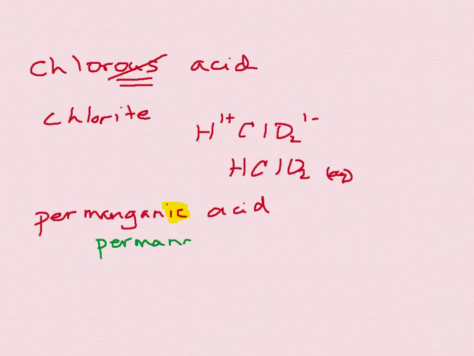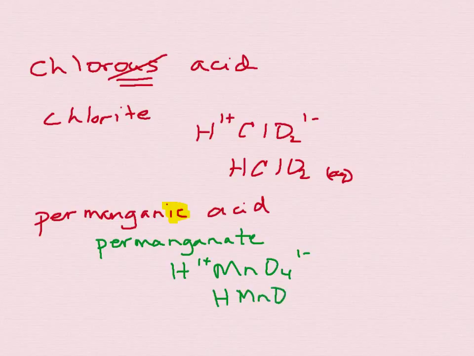If you don't know it or recognize it, go to your green table, your polyatomic ion sheet, and sure enough, there is an ion there called permanganate, and that's MnO4 with a 1- charge. Therefore, to make an acid, you have a 1+ charge. To balance the 1- charge, there's no need to crisscross and add any other subscripts. Therefore, your final answer will be HMnO4 with an AQ subscript.